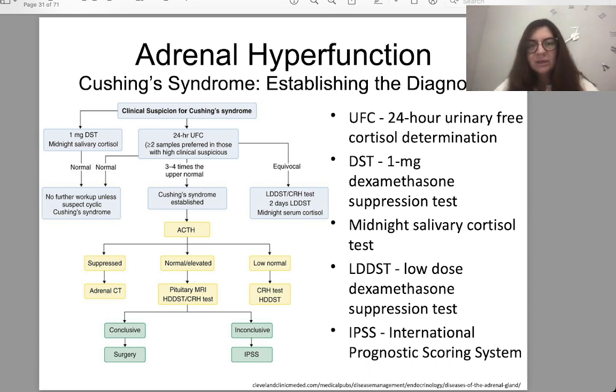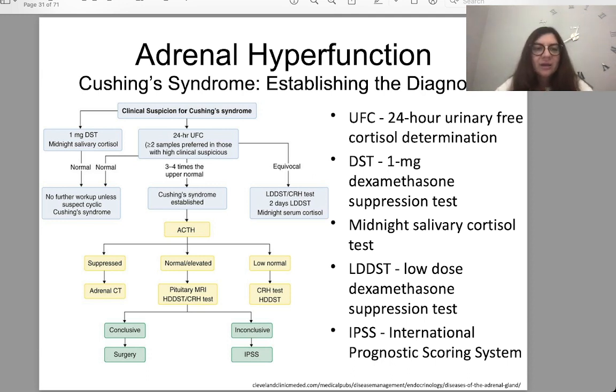Next test, 1 mg dexamethasone suppression test, or DST. It is midnight salivary cortisol test, low-dose dexamethasone suppression test, or LDDST, and inferior petrosal sinus sampling, IPSS, that we usually use for establishing a diagnosis.